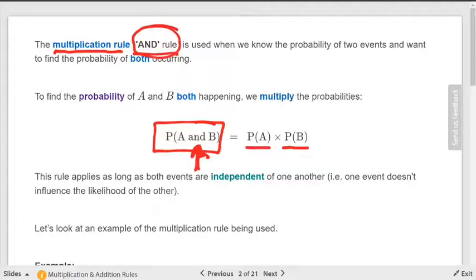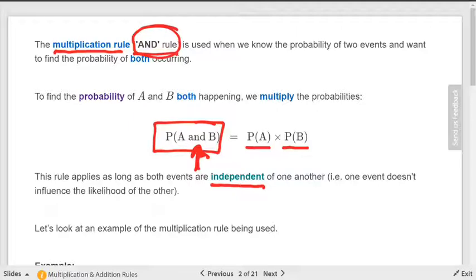Now, this rule applies as long as both events are independent of each other. Now, you've heard the word independent before, right? This is just a more formal way of using it. Independent means that it doesn't matter what else happens, okay? So, for example, let's say I flip a coin and I roll a die.